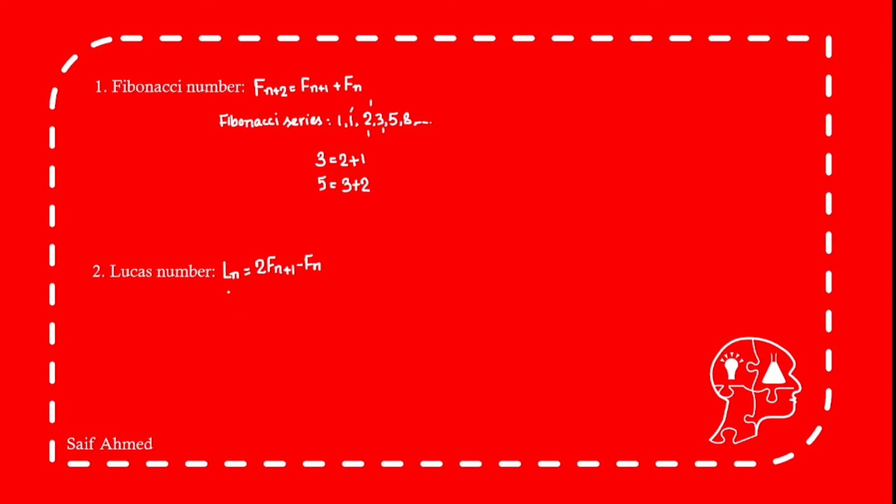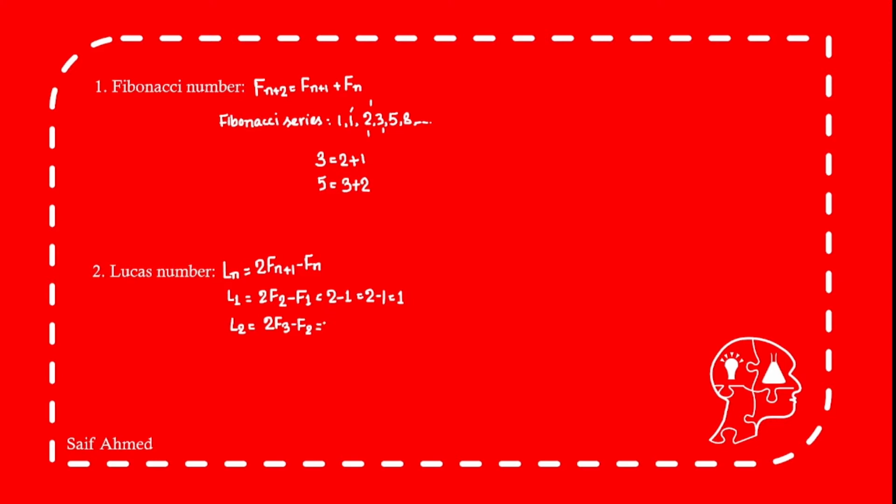For the first term, L1 = 2f(2) - f(1). If I put in the values, it is simply 2 minus 1, which is equal to 1. For the second term, I can write 2f(3) - f(2).